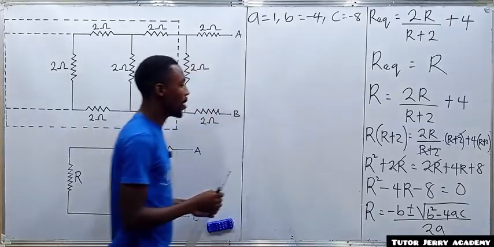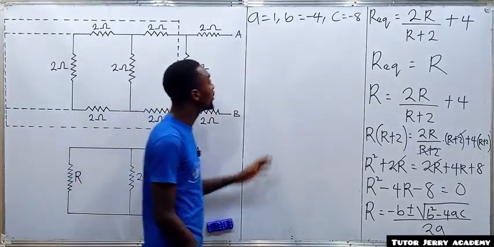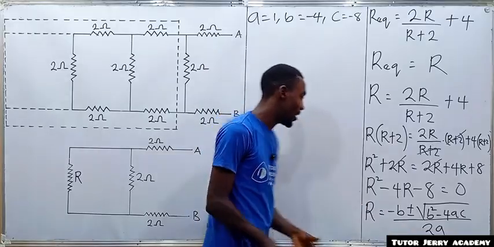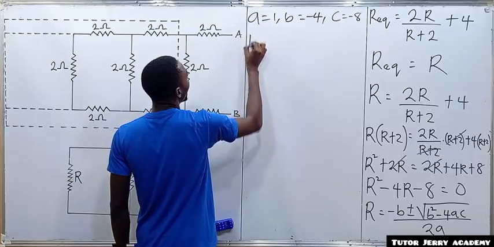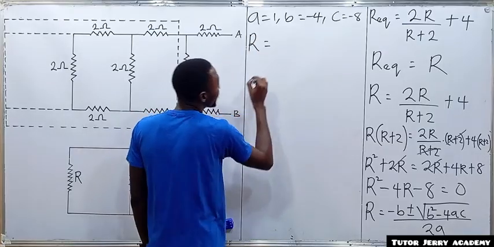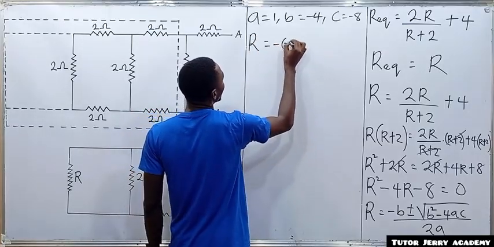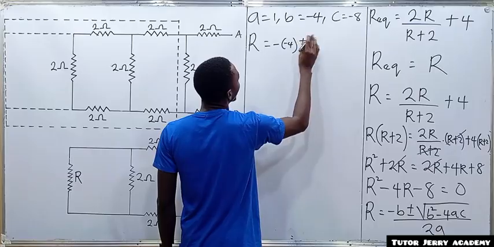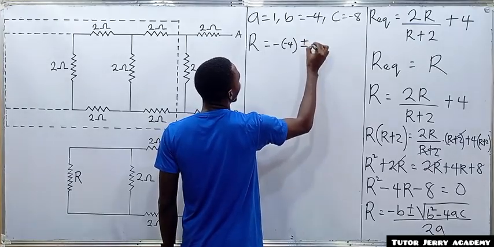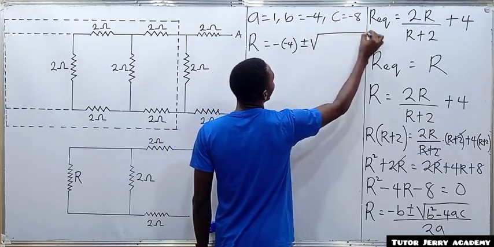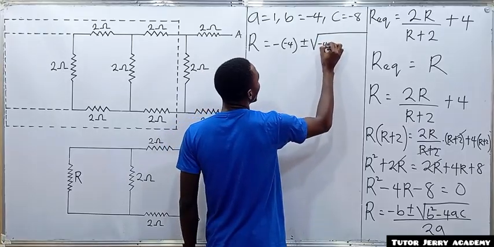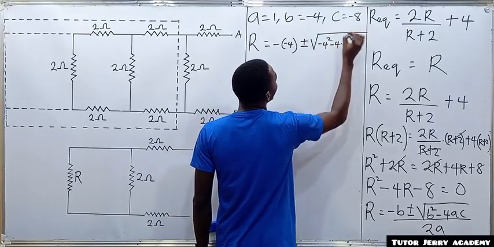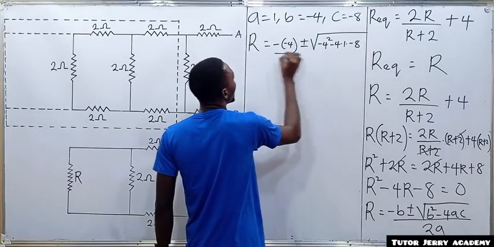All right. So now we are going to be substituting the value of A, B, and C in this formula. So it means that R will be equals to minus B, that is minus 4, plus or minus square root of B squared, that is minus 4 squared, minus 4 multiplied by 1 multiplied by minus 8 all over what?